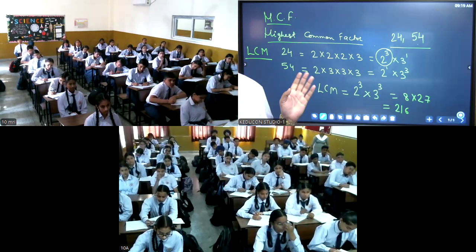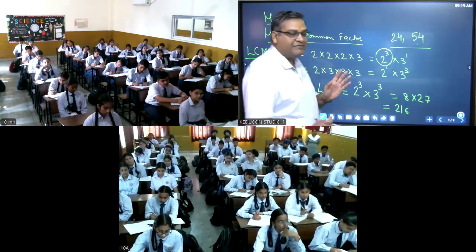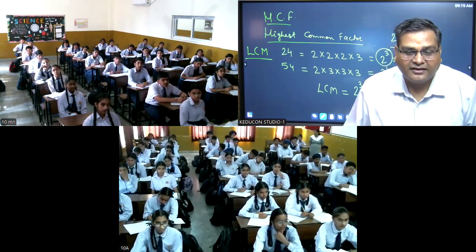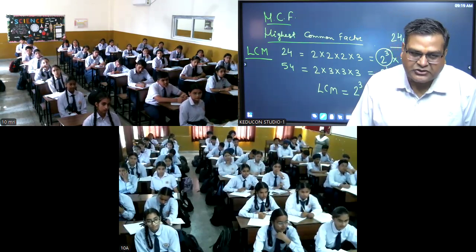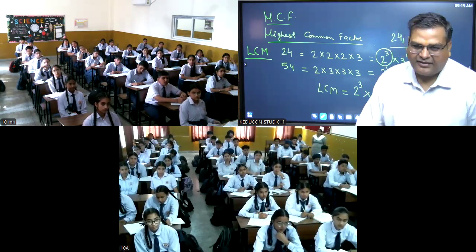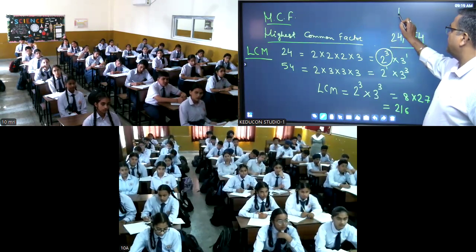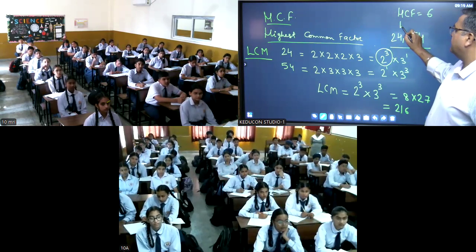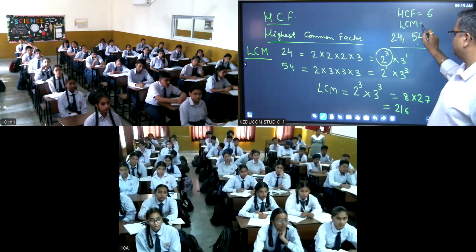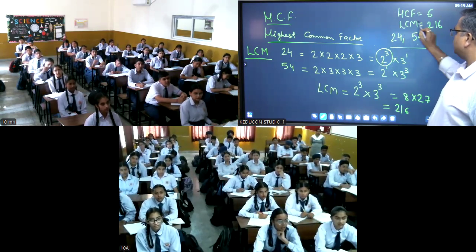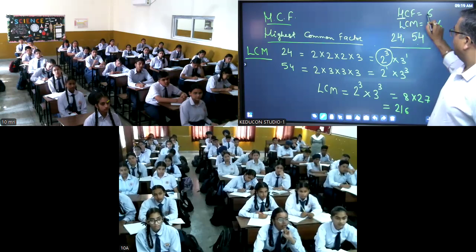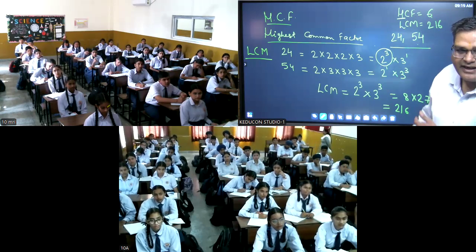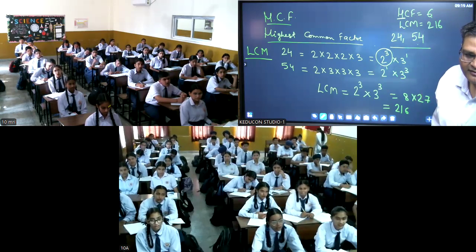Now beta, it is a very interesting thing. When we say HCF, the word we are using is highest common factor. Is this clear? But its value is, what was the value of HCF? 6. And what is the value of LCM? 216. The word is highest, but its value is lower, and the word is least, and the value is highest.